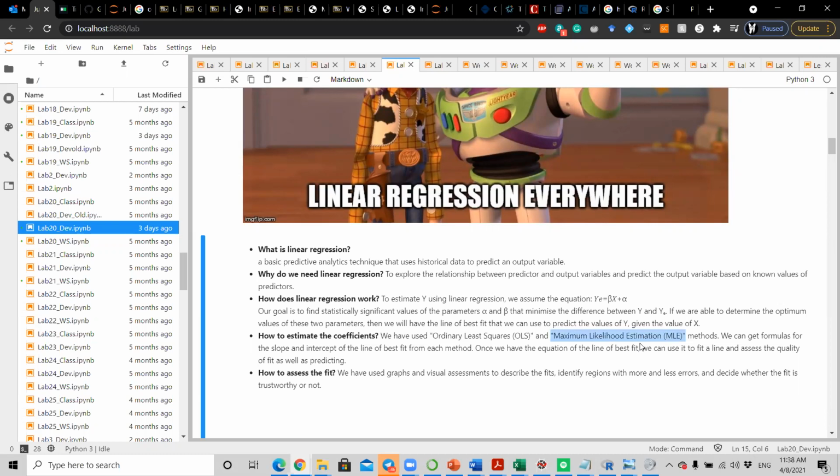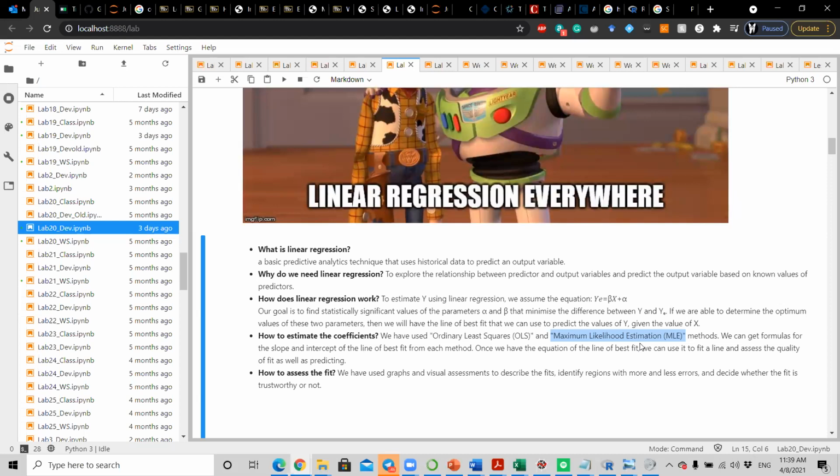Okay. Now, was that the only method? This is a question for the rest of you. Was that the only method that we have to get the slope and intercept? OLS.